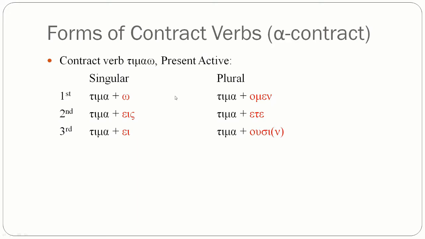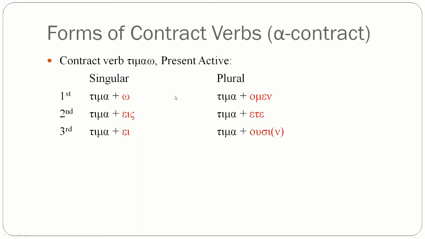This works exactly the same way as your previous verbs. You just take the stem, drop that omega ending, and then put on the appropriate endings onto the end of the stem. So first person singular, timao, second person timaes, third person timae, okay, etc. Plurals, timaamen, timaete, and timausin. Present active endings that we've had since chapter 3.